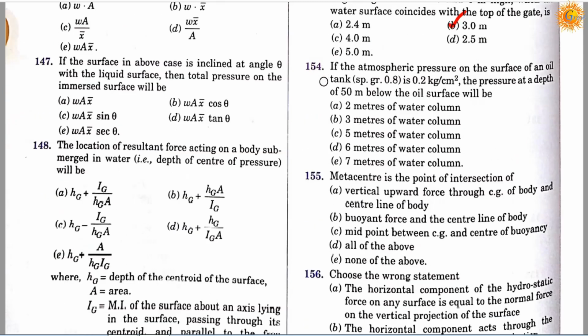Question number 154. If the atmospheric pressure on the surface of an oil tank of SPGR 0.8 is 0.2 kg per centimeter square, the pressure at the depth of 50 meter below the oil surface will be: option A is 2 meters of water column, option B 3 meters of water column, option C 5 meters of water column, option D is 6 meters of water column, option E is 7 meters of water column.